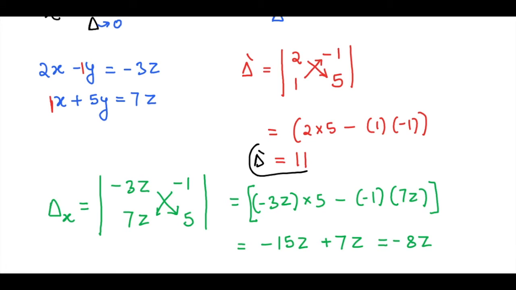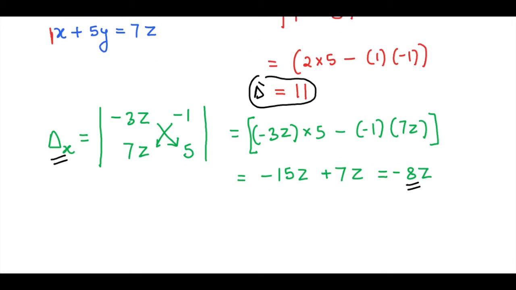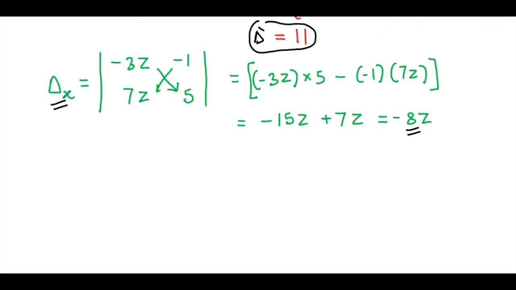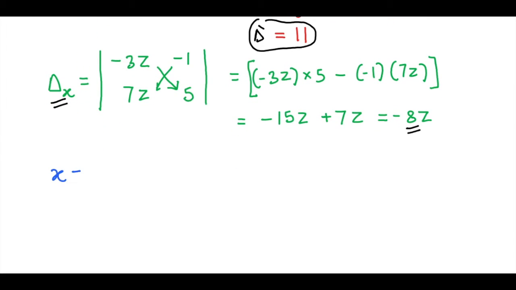Del dash is 11, and the value of del x is -8z. So what will be the value of x now? The value of x will be del x upon del dash, that is -8z upon 11. So we have found the value of x.